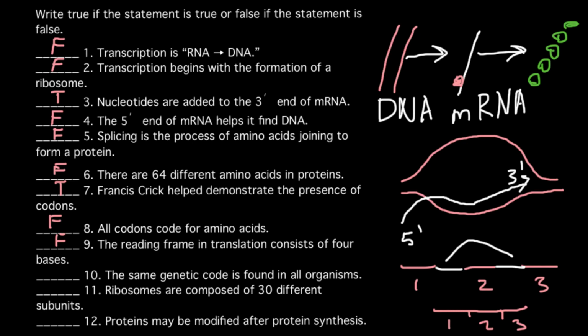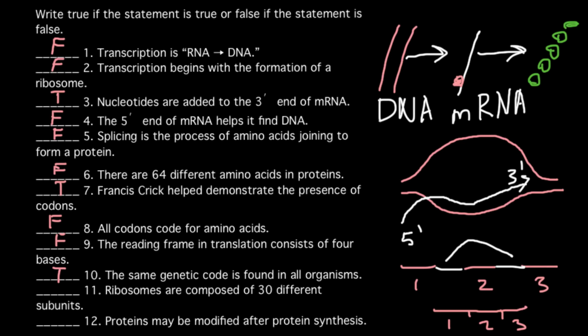So statement number 10, the same genetic code is found in all organisms, and this is true, though there are some exceptions to this rule, but in general, the same code for bases and 64 codons are universal for all life.